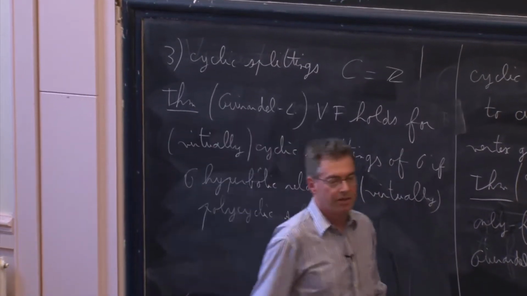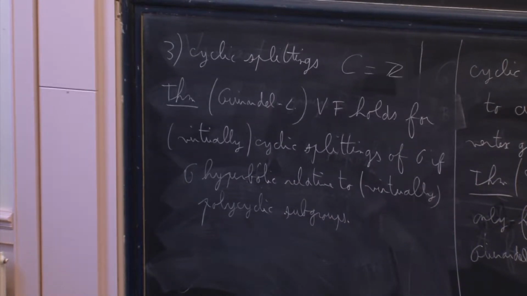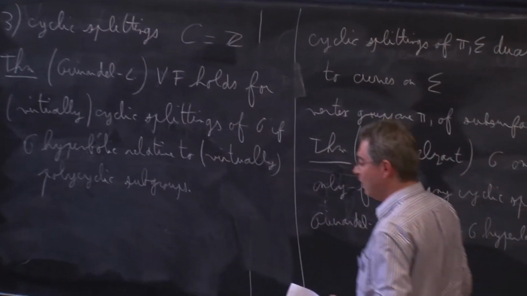So this is okay when the parabolic subgroups are polycyclic, but not when they are solvable, as the example shows.